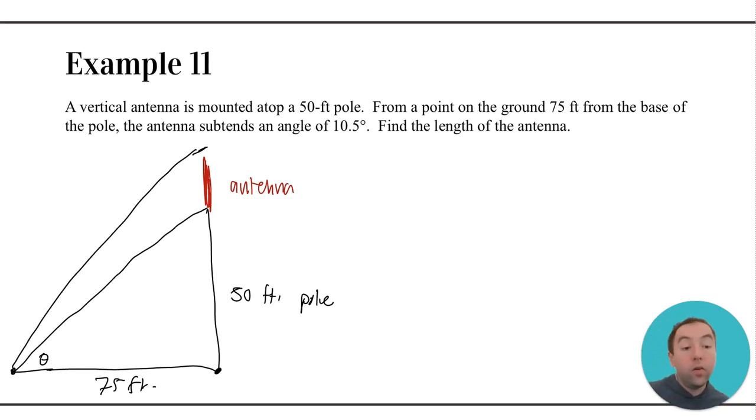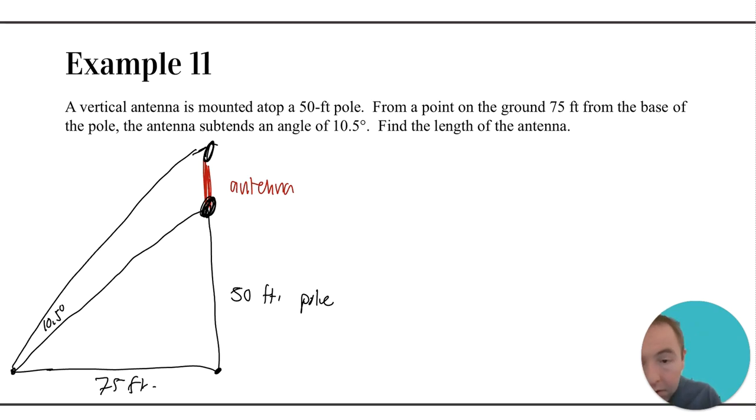The subtending angle is only how much angle we would need to increase from looking up to this point right here to this point right here. So it's only this angle, the amount of angle change to look up to the top of the antenna from the top of the pole, that is the subtending angle, okay? So that's all that we have to know.